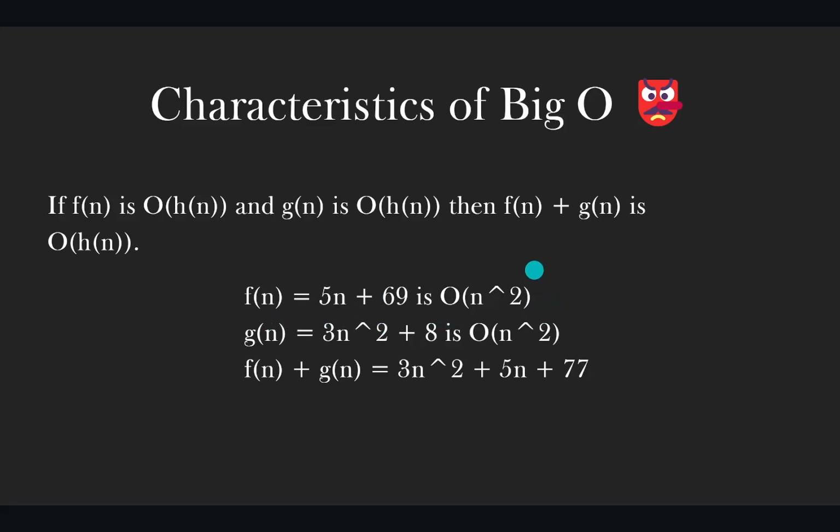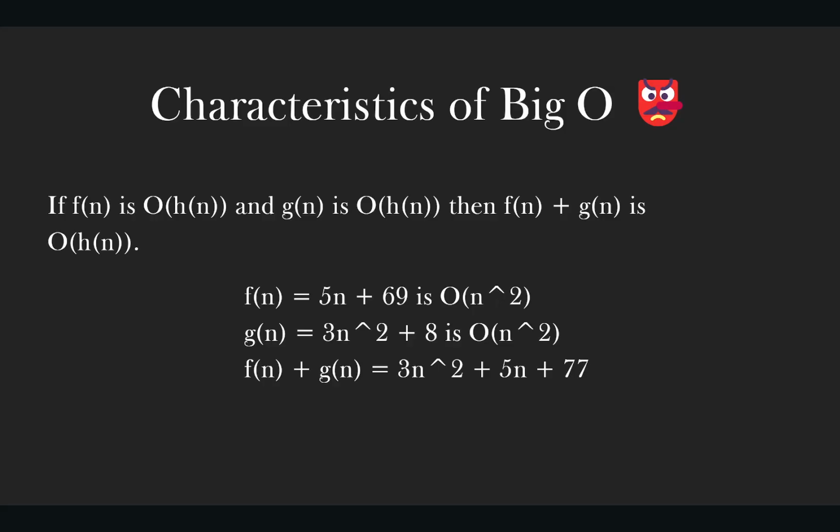We can say it belongs to this. When we are analyzing the function, we use the tightest boundary, but we can use any other boundary that's higher than that. But when you're analyzing, we use the tightest boundary to get a proper estimation. All right, so that's when it comes to the analysis part.